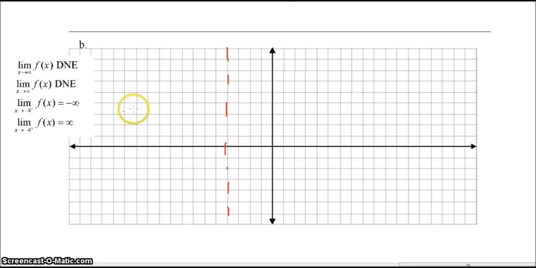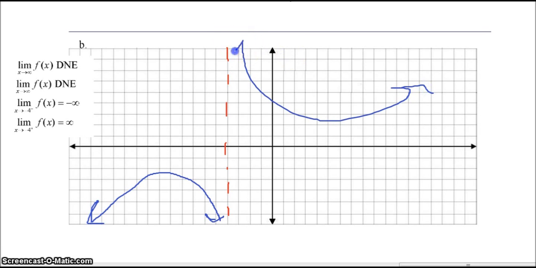It's pretty much all we got. Let's see, as we approach it from the left, we're going down to negative infinity. So it could be anything. It could be something like this. Yeah, that's something it could be.